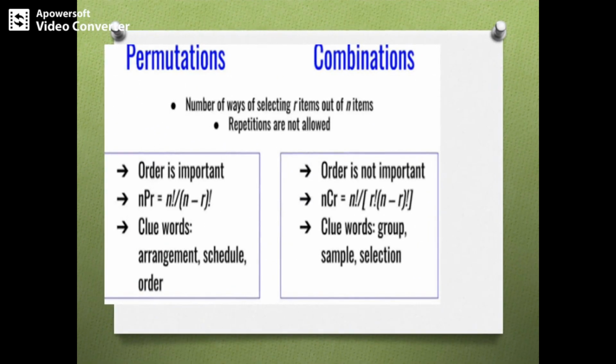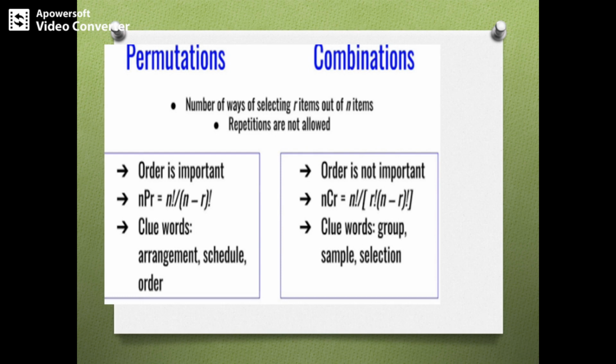So let's see the difference between permutations and combinations. In permutations, the order is important. In combinations, the order is not taken into consideration. We'll see the difference based on the formulas. nPr can be written as n factorial by (n minus r) factorial, whereas nCr is n factorial by r factorial into (n minus r) factorial.